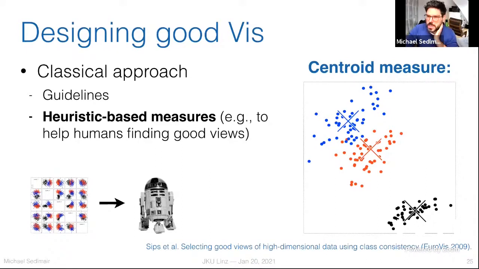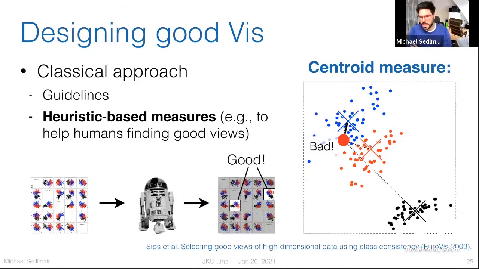You compute a centroid for each of these classes, you iterate over all the points, and then for each point you essentially just measure: is this point closest to my own centroid, in this case the blue centroid, or to some other centroid? If it's closest to your own centroid, the value goes up. In this case the red point is closest to the blue centroid, so the value of the metric goes down. Then you do that for all the points, and you get a measure that you can use to automatically say how separable these classes are, i.e. how interesting this view is for a human observer.